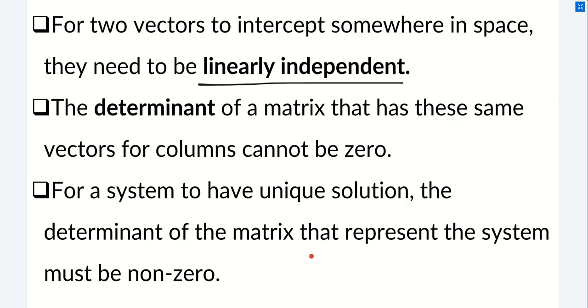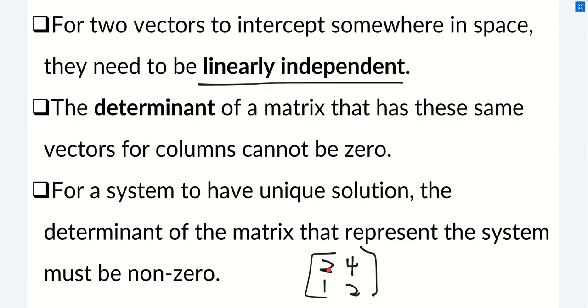Yes. So a practical example: if I have here 2, here 1, then here 4, and here 2. You will tell me that if I multiply the first column by 2, I get the second one, right?